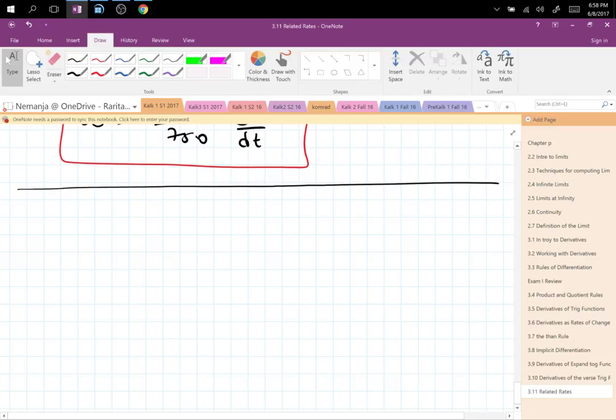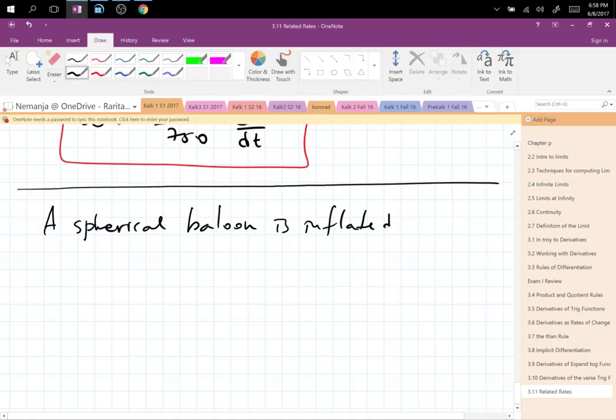So try to complete this problem. A spherical balloon is inflated at a rate of 0.5 feet cubed per minute.